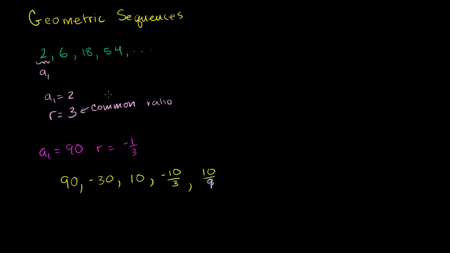These are sequences. You might also see the word series, and you might even see a geometric series. The most conventional use of the word series means a sum of a sequence. So for example, this is a geometric sequence.